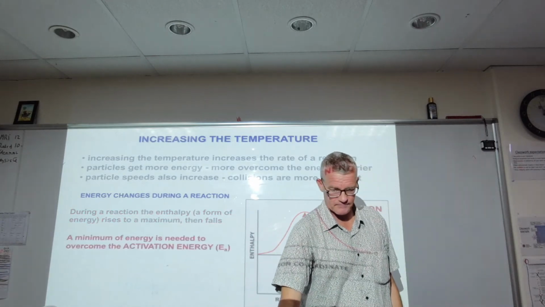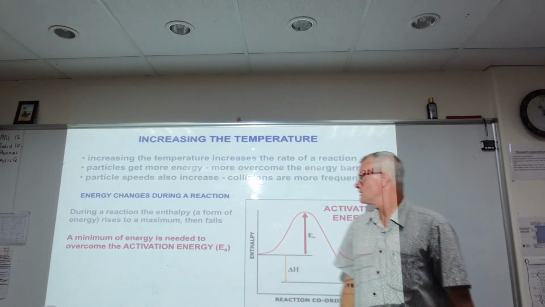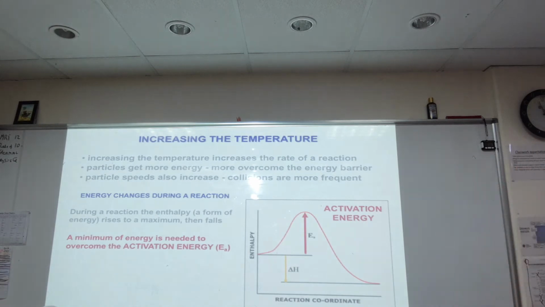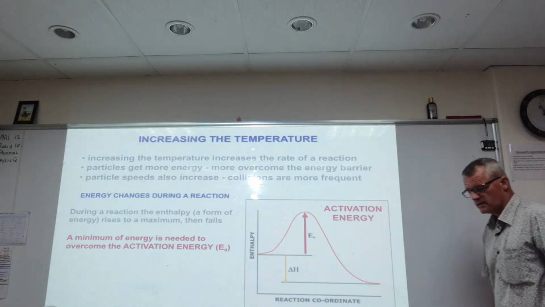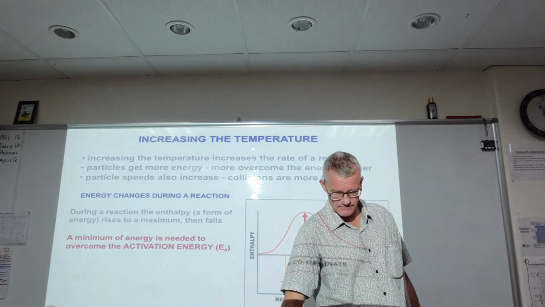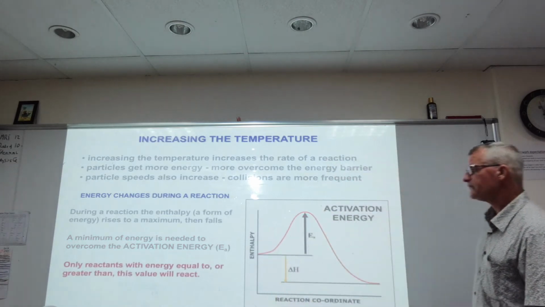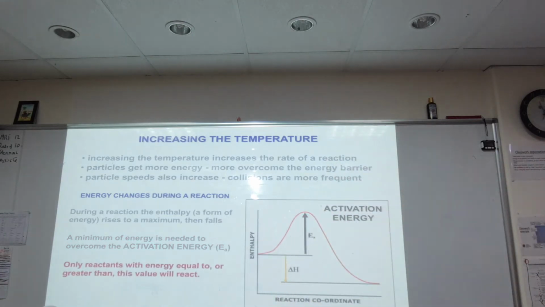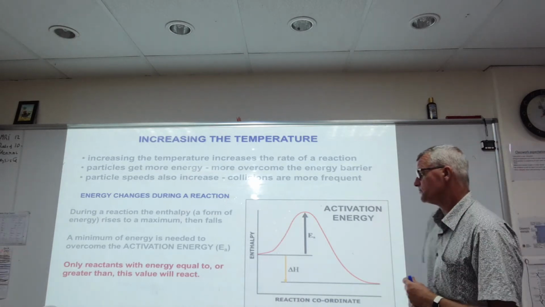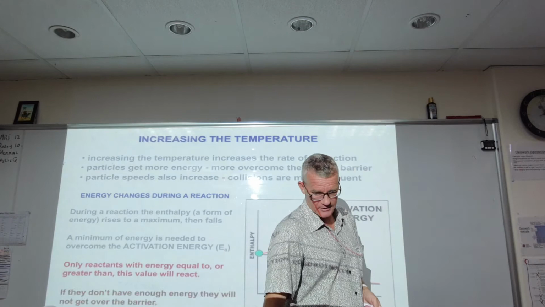Now, as said, this is the activation energy, which has to be overcome to start the reaction, and only the reactants with energy equal to or greater than this value will react.